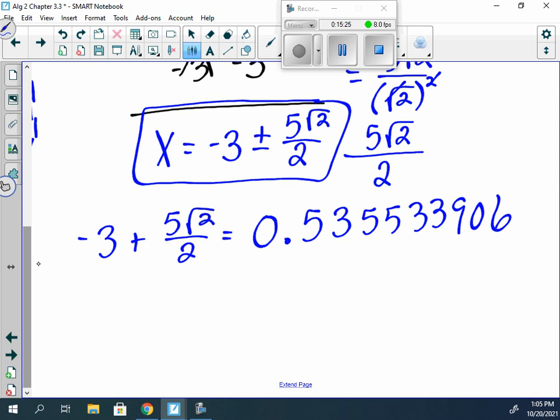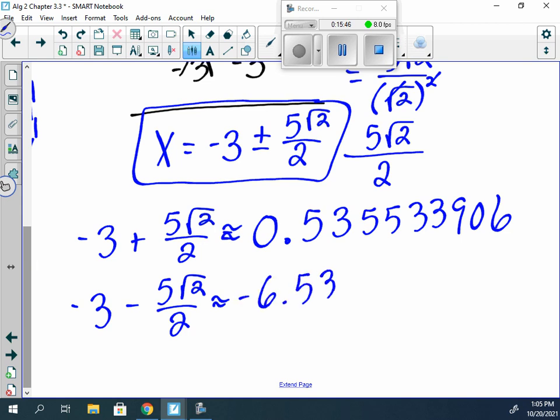And then we can do the same thing, but this time the other form of it is that we're taking -3 minus 5 square root of 2 over 2. And really it's approximate, not equals, but that's fine. -6.535533906 would be the other one.